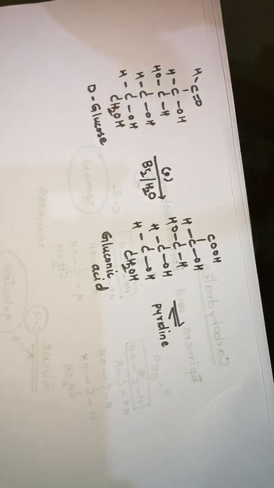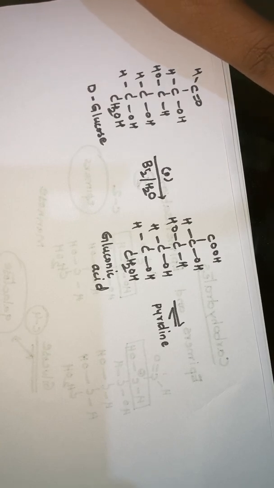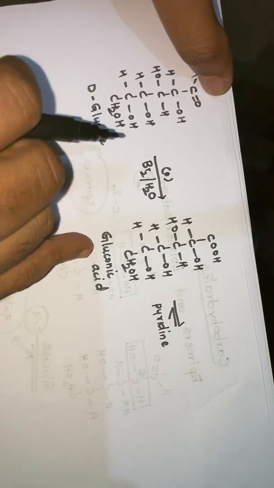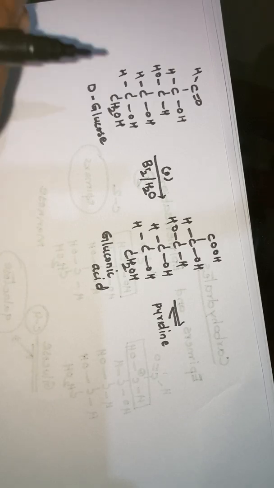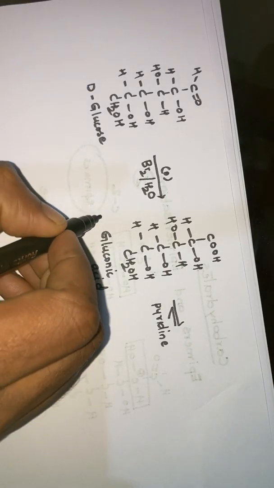Gluconic acid is heated in presence of pyridine. It gives an equilibrium mixture of D-gluconic acid as well as D-mannonic acid.